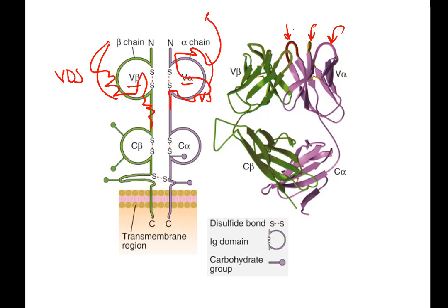So all of those factors together. We're good? Does everybody get that? So, VDJ, VJ, junctional diversity, this beta chain with this alpha chain all come together to create a unique T cell receptor that will be the only T cell receptor that this T cell will ever be able to make.